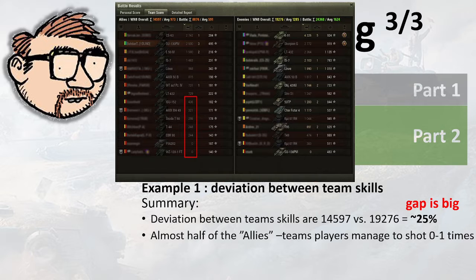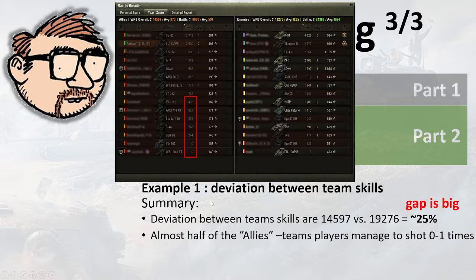It's what we are comparing to the other team. That's the whole truth. So these players' skill level was too low against the enemy team, and they became tourists. Of course, half of my allied team were red players, and we cannot expect much from them.